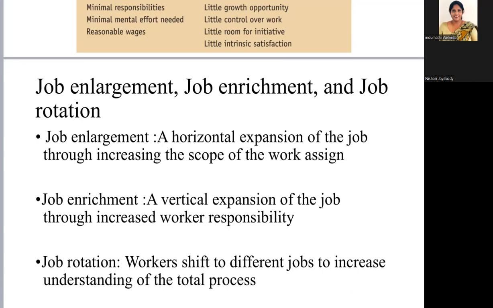Or, for example, workers do their own inspection before the part or product is passed to the next workstation. So this procedure instills pride in the output and has the worker perform tasks usually done at a higher level in the organization.